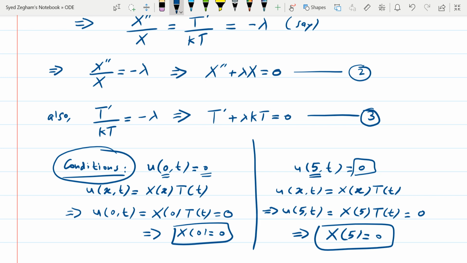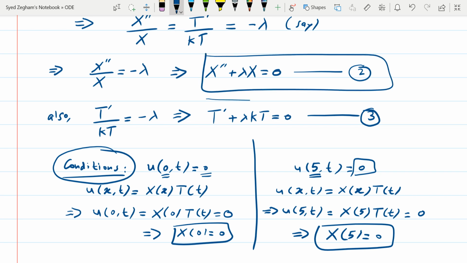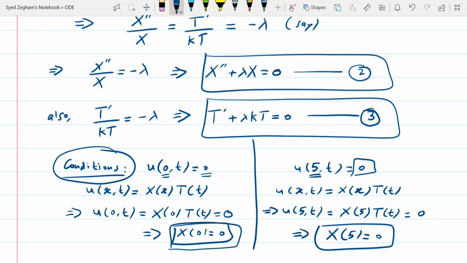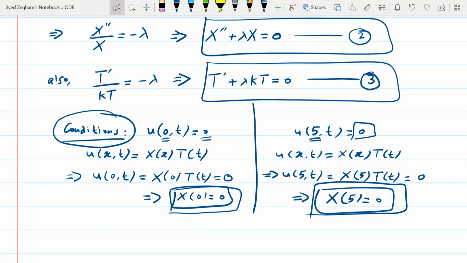Now, let us start focusing on equation number 2 and equation number 3. So first we will deal with equation number 2, and when we are solving equation number 2, we will try to make use of these conditions which we have obtained for the function capital X. Okay, so let's start with equation 2.